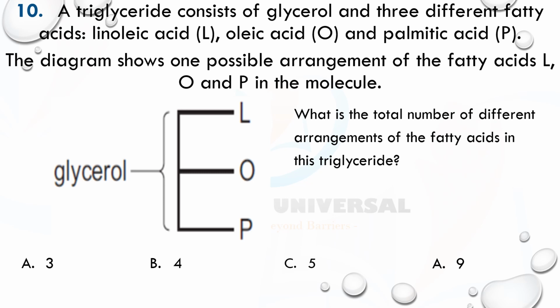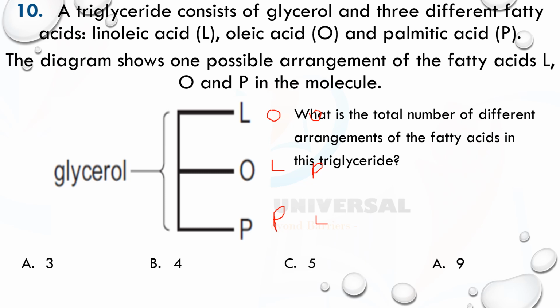What do you think is the answer? LOP, but you can also have OLP, where P goes in the middle. You can have the same with OPL. If you flip this around, you get the same thing.